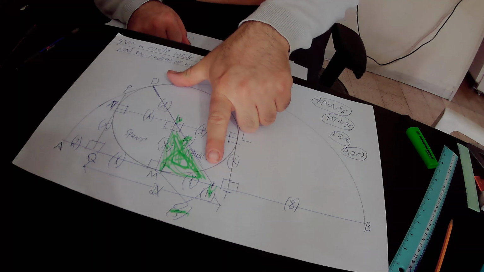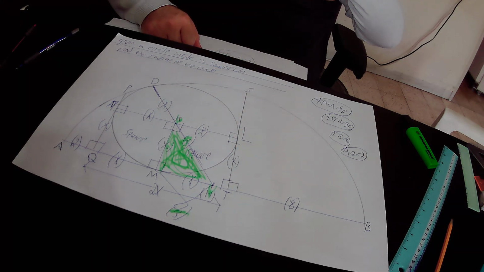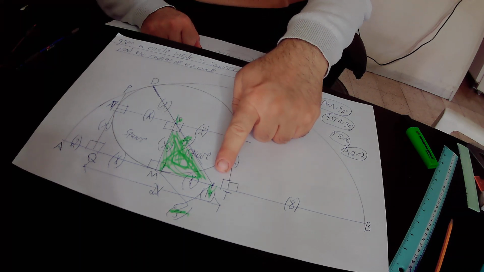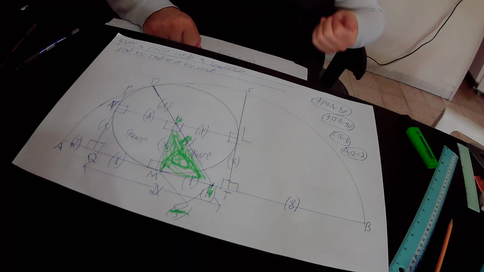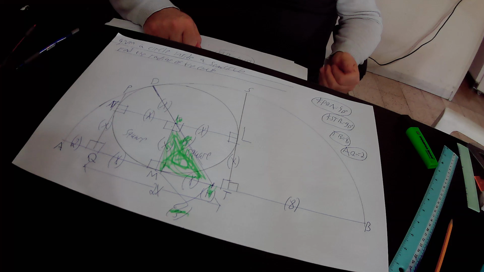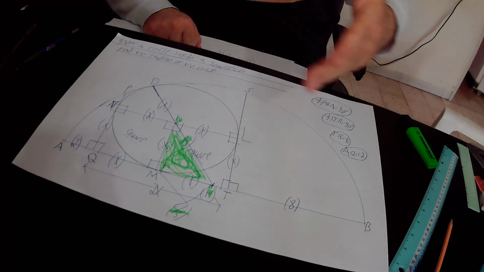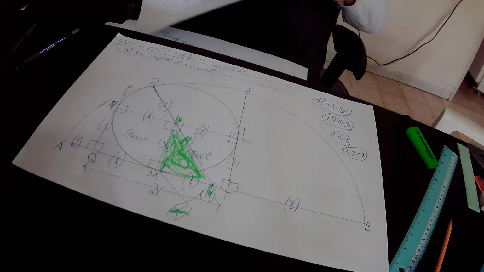But what is the definition of the straight line HD? The straight line HD starts from point H, that is the center of the semicircle, and ends at point D, that is a point on the semicircle itself. So this is exactly the definition of a radius. Therefore, HD is the radius of the big semicircle that is equal to x plus 5 units in its length.